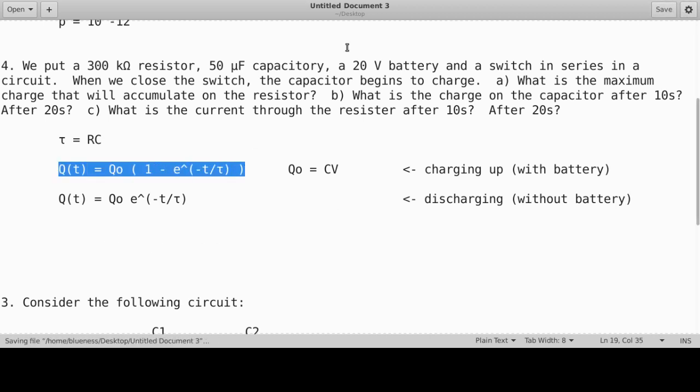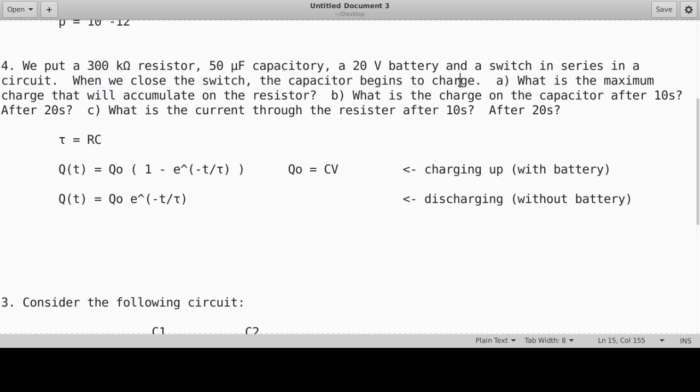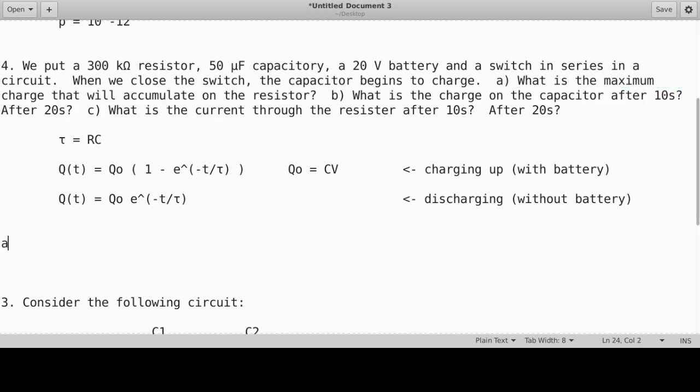So this is the one we want because we have a battery, and this thing is going to start charging up. It says that when we close the switch, the capacitor begins to charge. I didn't say it here, but just to be very clear, it's assumed that the capacitor starts from 0 charge. What's the maximum charge that will accumulate on the capacitor? So A is what's the maximum charge in this equation here, which is the one we're using.